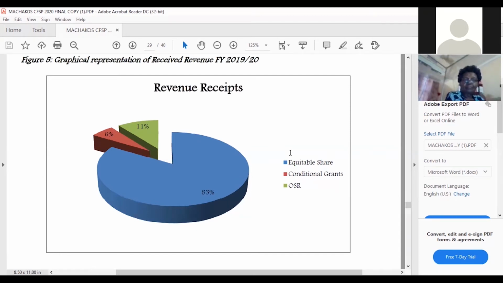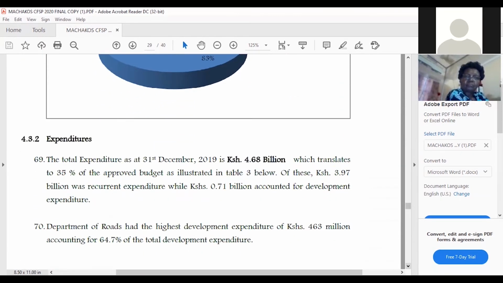So you find that counties depend more on the 83% and also the 6% conditional grants. These grants that come, even in the health sector, support health system strengthening for counties, like paying the workers there, nurses, since health employs so many personnel, all right? And then 11% went towards own source revenue.